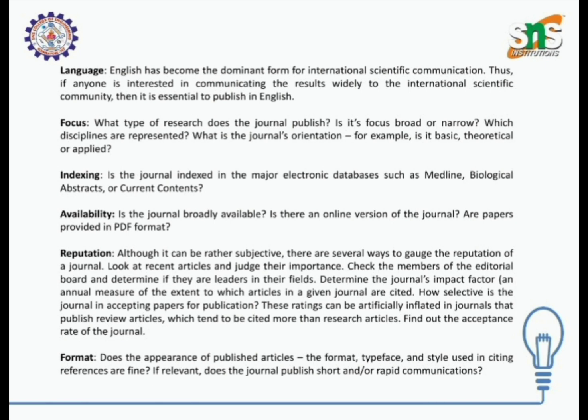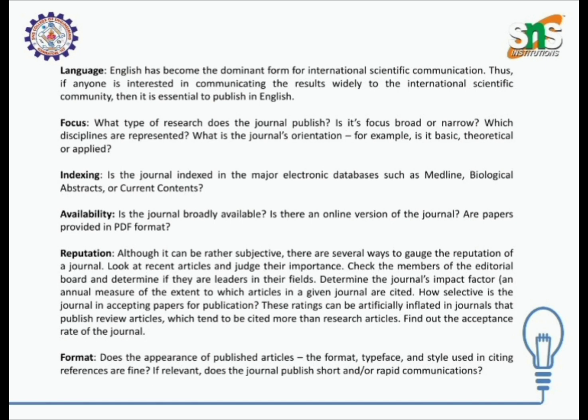Is the journal indexed in the major electronic databases such as Medline, Biological Abstracts, Chemical Abstracts or Current Contents? Availability. Is the journal broadly available? Is there an online version of the journal, or are papers provided in PDF format? So these are the questions to be asked when selecting the journal.